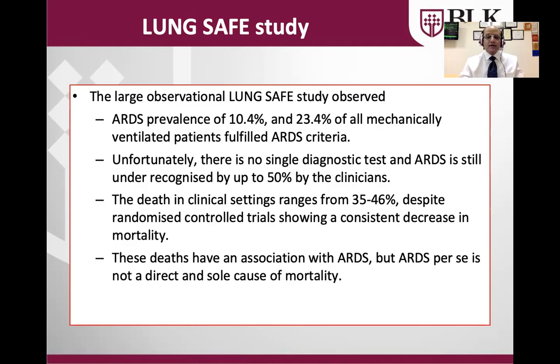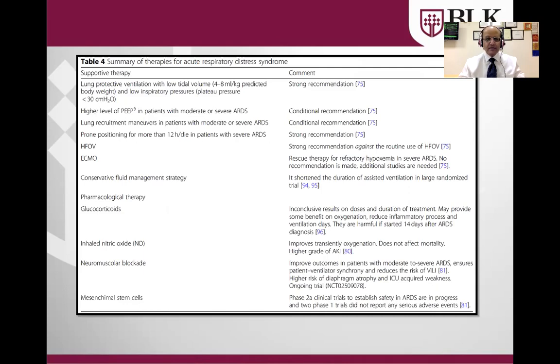So these deaths that we see in patients with severe ARDS have an association with ARDS, but ARDS per se may not be the direct and sole cause of mortality, because eventually they go into multi-organ failure.